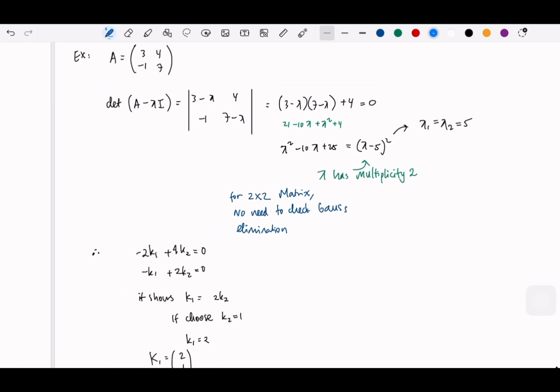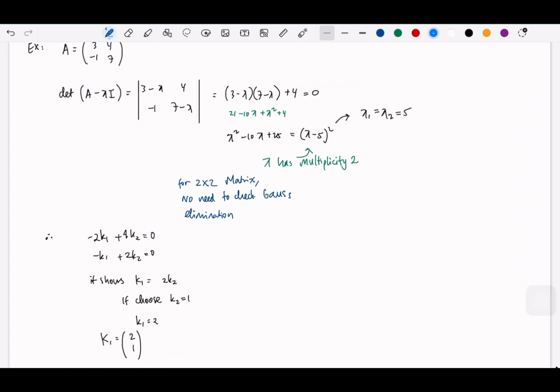Usually we are going to choose k2 as some number, usually 1 or negative 1 or some constant, so that when we multiply the constant, it could be a whole number. For example, if the eigenvalue can be fractions, then we can multiply to make it a better value here. So not really a problem if this is a 2 by 2 matrix.